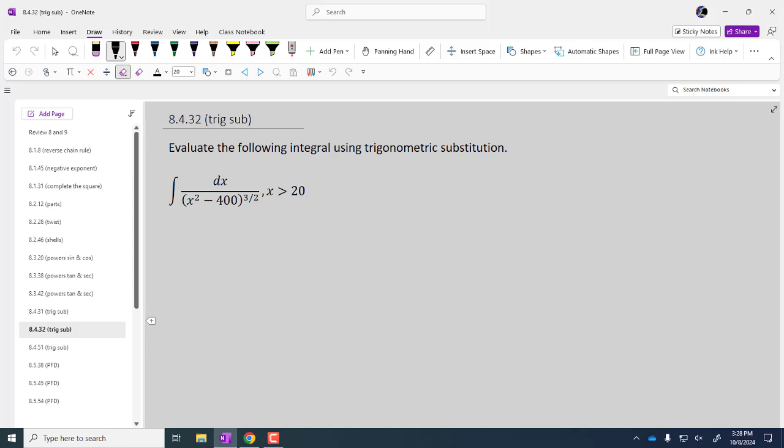If it's a positive, we know we're going tangent. So it's got to be sine or secant. So we ask ourselves, is secant squared minus 1 the identity, or is sine squared minus 1 the identity? Secant squared minus 1 is the identity. When we look here, secant squared minus 1 is tangent squared.